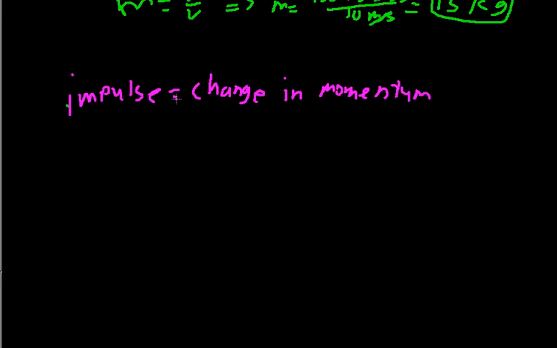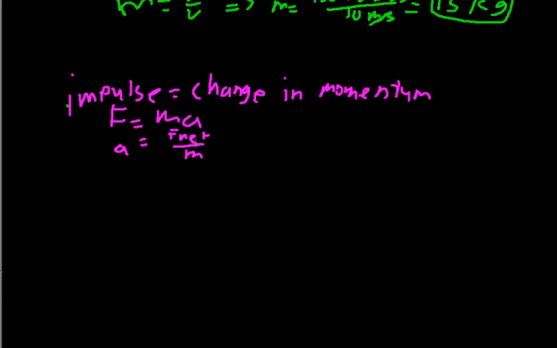So we know that from the previous unit, force is equal to mass times acceleration. F is equal to ma. We also know that acceleration is equal to F net divided by m. So we can find the impulse equation by essentially substituting acceleration F net over m into this formula.